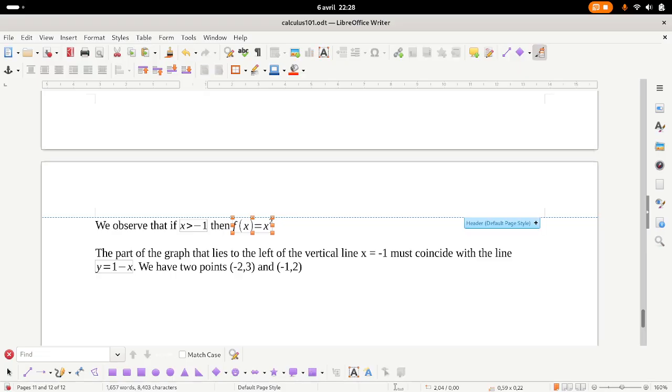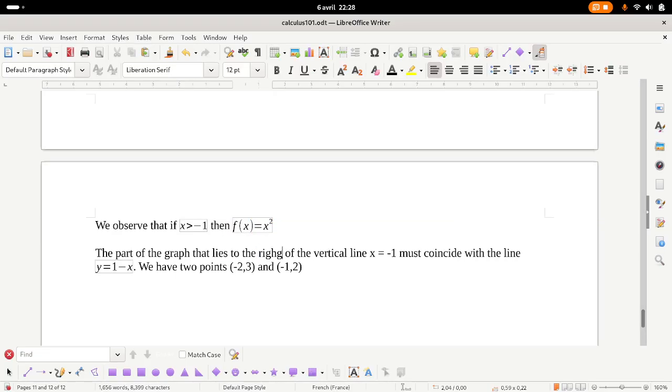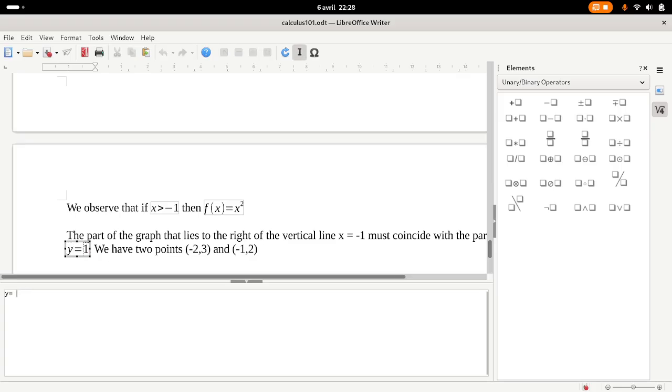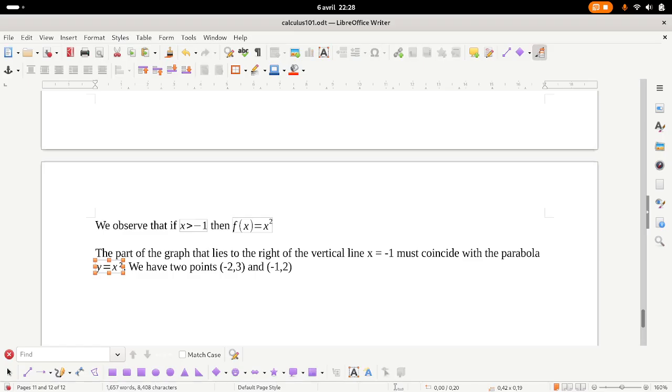Alors, the part of the graph that lies to the right of the vertical line x equals -1 must coincide with the graph of the parabola. Now the graph of y equals x squared is a parabola.